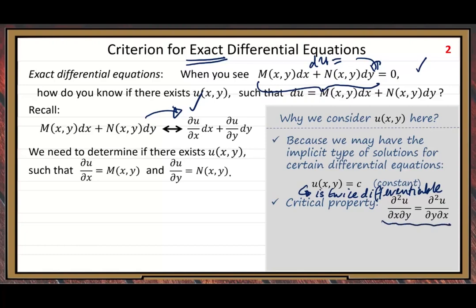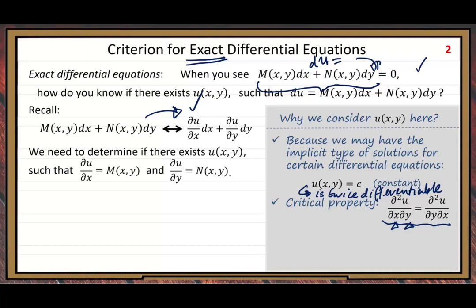So what's that? We take partial derivatives twice. You can see partial square, that means you take partial derivative twice. On the left-hand side expression, partial x first, then partial y. The first partial derivative you do with respect to the x variable, the second with respect to the y variable.